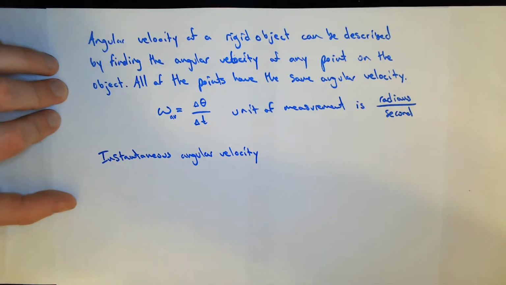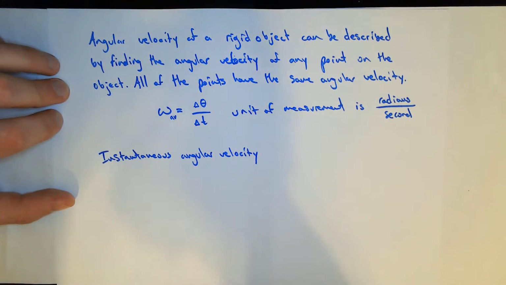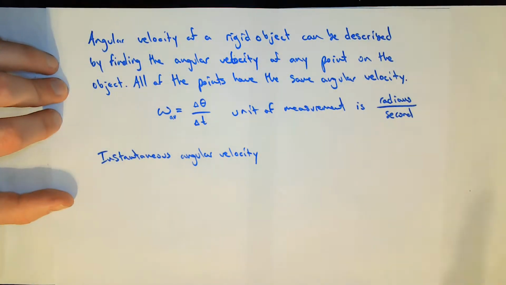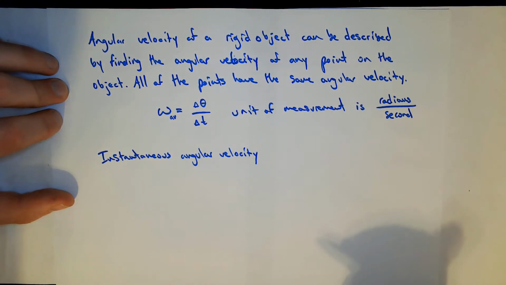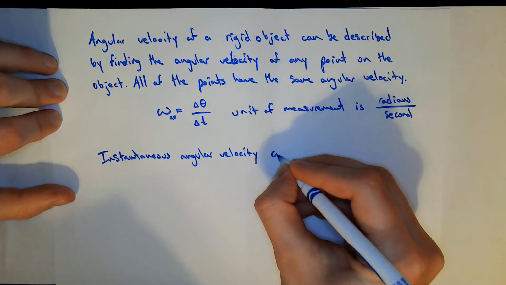So in the same way that instantaneous velocity, back when things were linear, was the velocity of an object as time shrinks to zero, right? So if you just pause time, how fast is the object going? It's a similar thing for instantaneous angular velocity, which they just call omega.